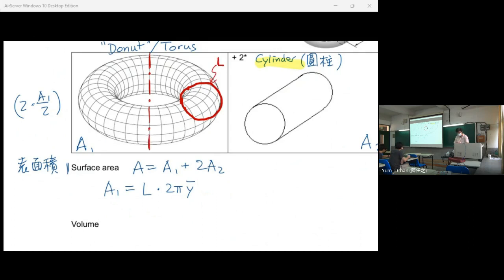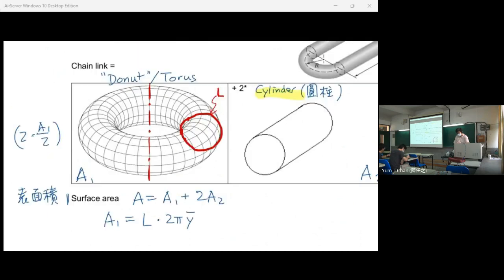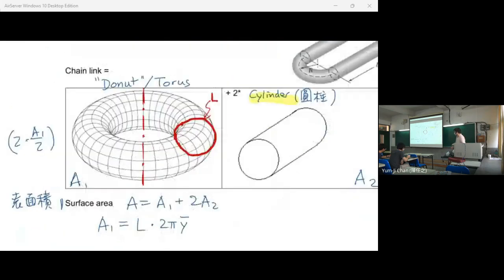Sorry, where's the centroid of this circle? It is at the center of the circle, right? This is the centroid of the circle. The center of the circle is here, so we have y bar here.